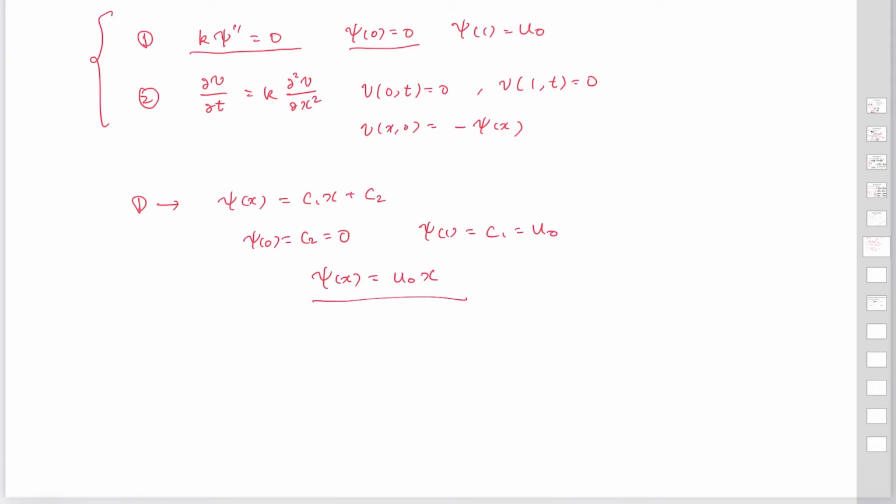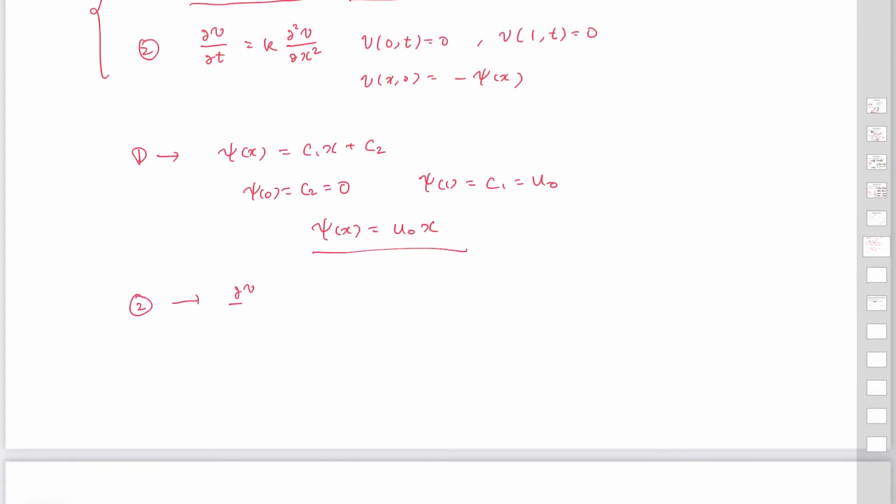Once we determine psi as a function of x, we are ready to solve the second equation. Round v round t equals k second derivative, and v(0,t) equals v(1,t) equals 0. This is the boundary condition. As the initial condition, v(x,0) becomes minus u sub 0 x.